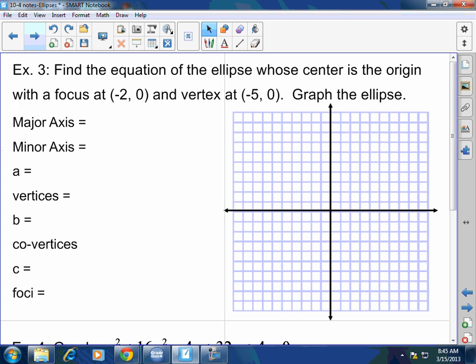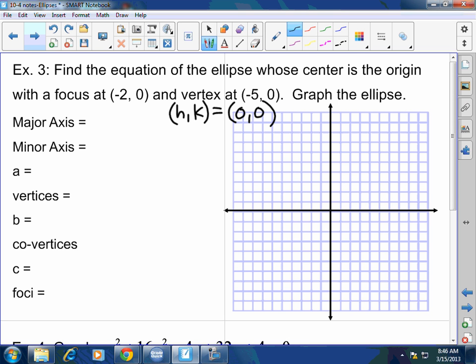Look, check it out. First of all, find the equation of the ellipse whose center is the origin with the focus of negative 2, 0 and the vertex of negative 5, 0. So first of all, if the origin is the center, my h, k is going to be 0, 0. Okay.